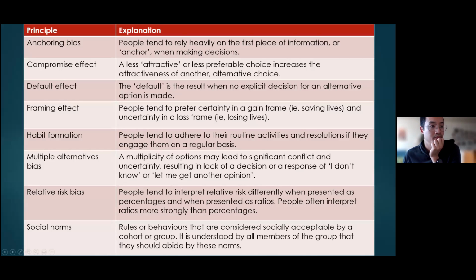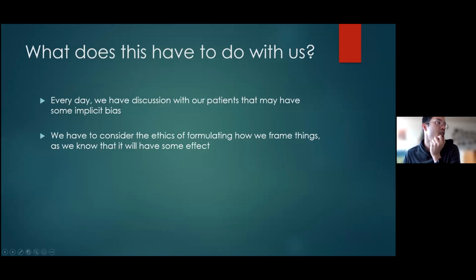So what does this have to do with us? Every day we have discussions with our patients that may have some implicit bias. We have to consider both the ethics of how we frame things, as we know it has some effect, and also how to frame them, knowing that we want to best support our patients.